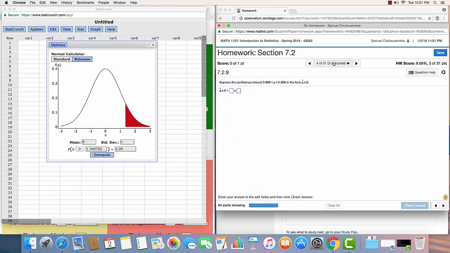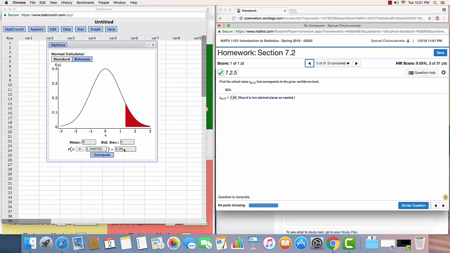Now, I want to say something though. If you did this particular question 2 with Statcrunch, this 82% is the confidence level, so you have to first subtract from 100 and then divide by 2 in order to get the critical value.